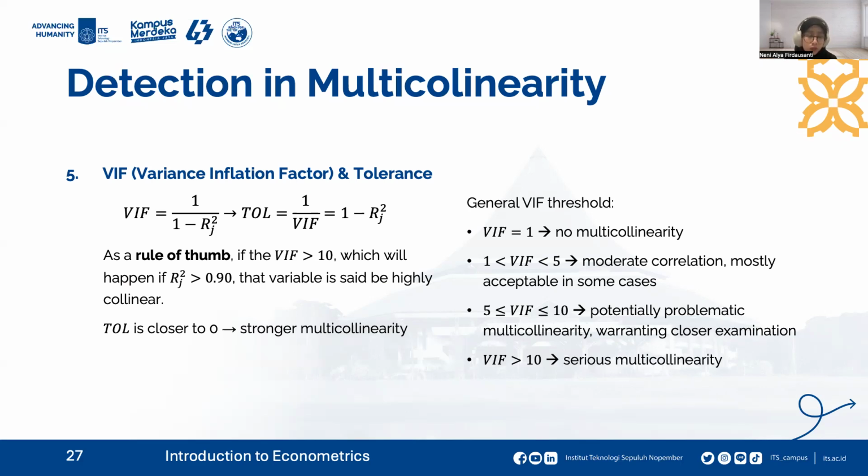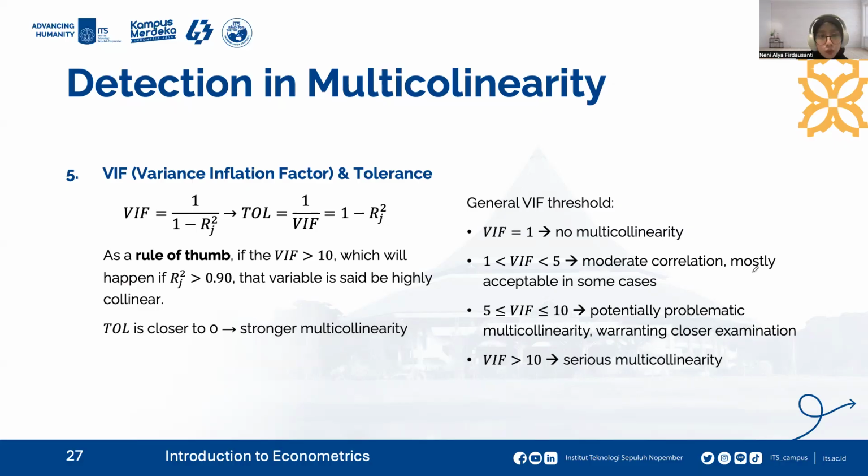But there is a general VIF threshold based on several studies. Because multicollinearity is not about whether there is or is not multicollinearity, but more about the level of multicollinearity, we can make this threshold.